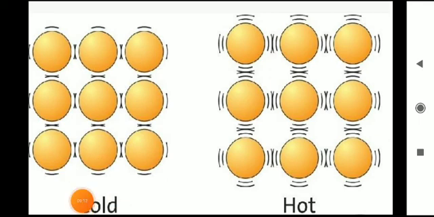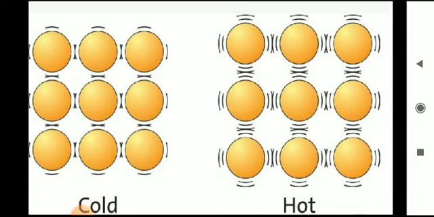In this picture, you can also see that the first picture is of cold, like when we cool any object. Then what will happen? When we cool any object, the particles of that object come closer and occupy lesser space. This results in contraction.